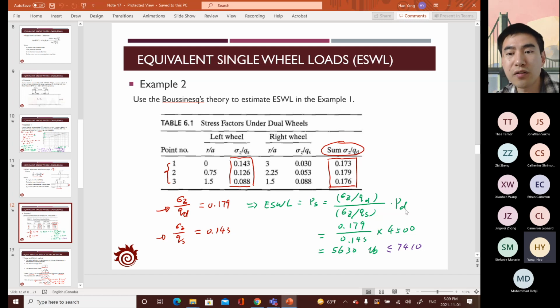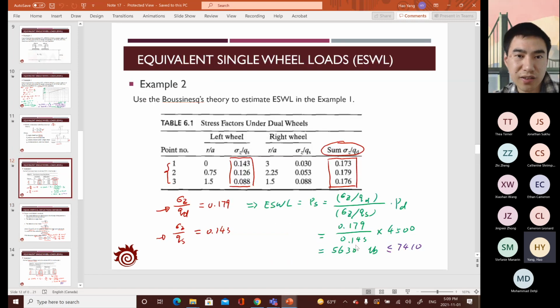And PD is the one we estimated from the previous example, which is 4,500 pounds. With that, you can estimate the ESWL as 5,630 pounds. This value is much larger than the one we calculated previously, 4,710 pounds. It means there is a significant difference between the Boussinesq theory and the one where we used the linear relationship.